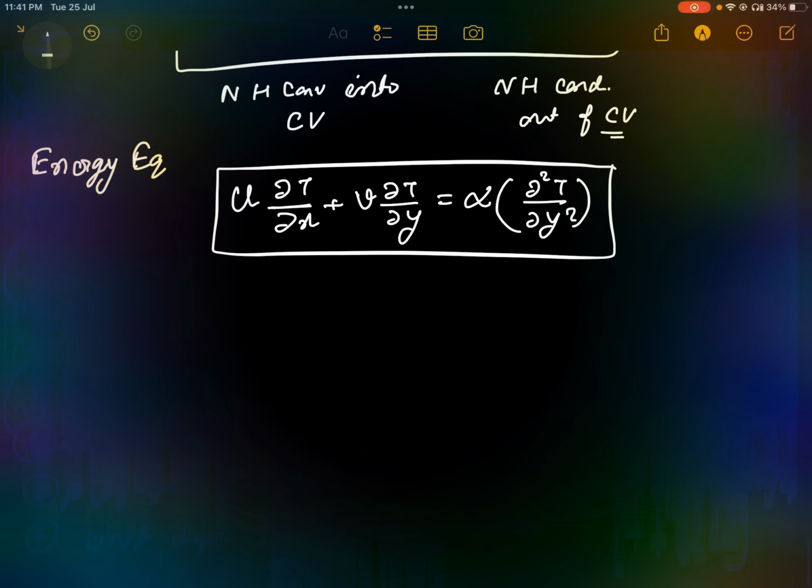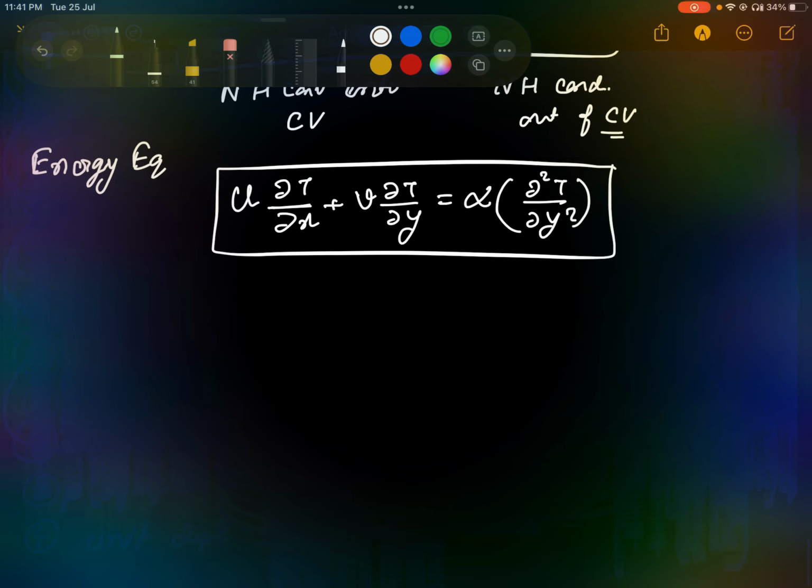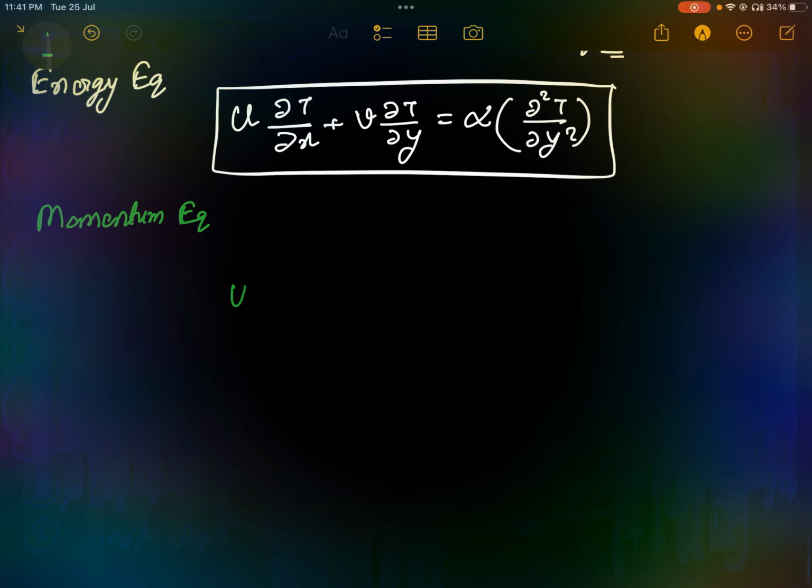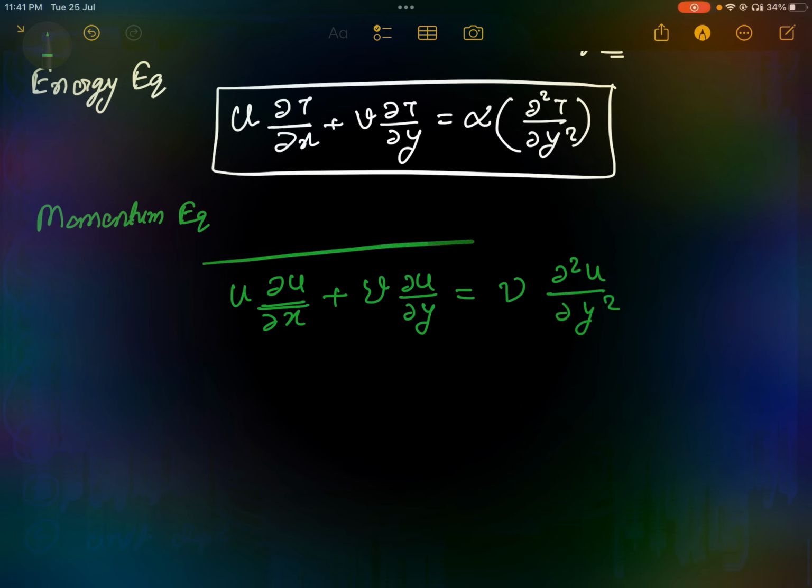And in the case of the hydrodynamic boundary layer, we got the momentum equation. And what was that? That was u ∂u/∂x plus v ∂u/∂y is equal to nu, the kinematic viscosity, times ∂²u/∂y².